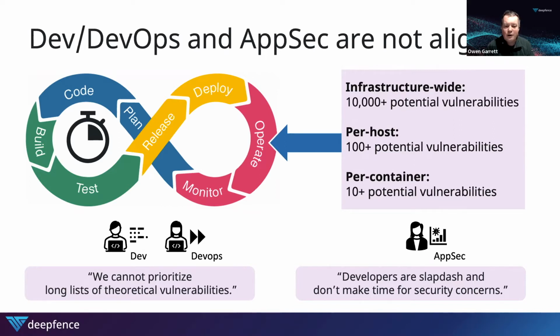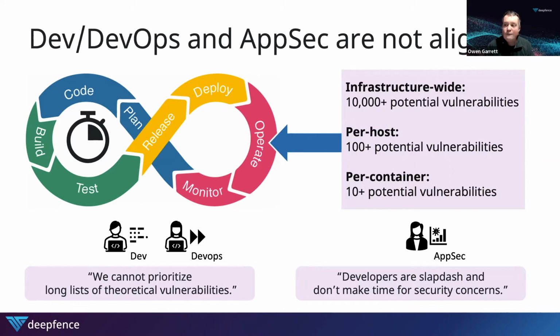Asking them to prioritize and investigate long lists of potential vulnerabilities is something that just cannot easily be integrated within a typical DevOps cycle. Yet on the other hand, our AppSec team, they're responsible not for individual applications, but for the security of our entire infrastructure, all of the applications that have been published, and the requirement to have consistent security standards across each.